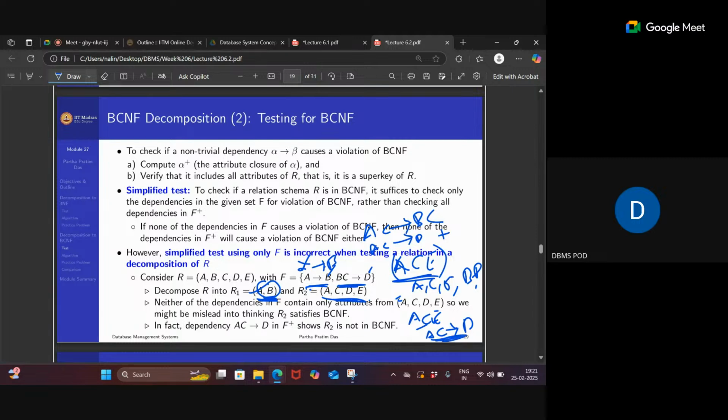So what is the key here for the decomposed relation R2? ACE. But here AC is determining D. Is D a subset of AC? No, D is not a subset. And is AC a primary key? No, AC is not the primary key; ACE is the primary key. So it is not in BCNF.